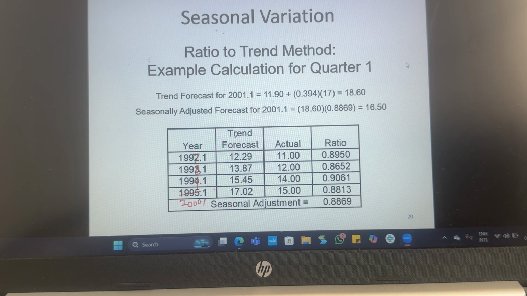Okay, these are the trend forecast values. So we got 12.29, 13.87, 15.45 and 17.02, but yours is a bit different. No? We didn't get 17.02. That's why I asked you to calculate it again.